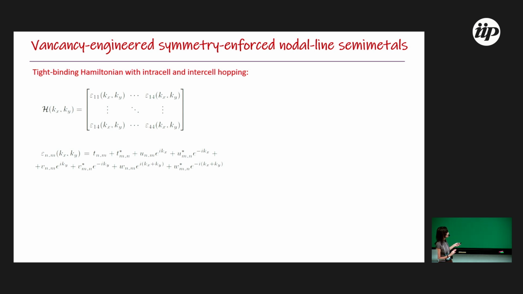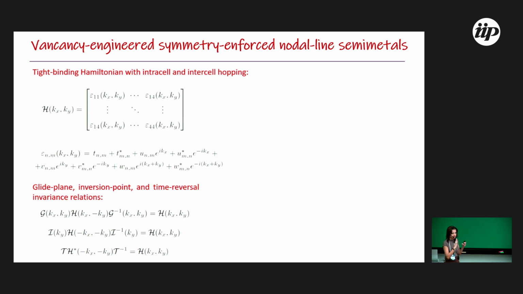And then I just start giving entries which are completely generic, just hopping. And I'm not assuming anything about the values of this hopping. So these are the intracell hoppings, intercell hopping in the horizontal direction, vertical direction, and diagonal direction. But I'm not saying anything about what are the values of these parameters.